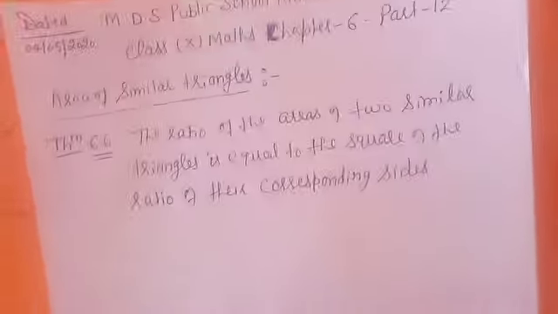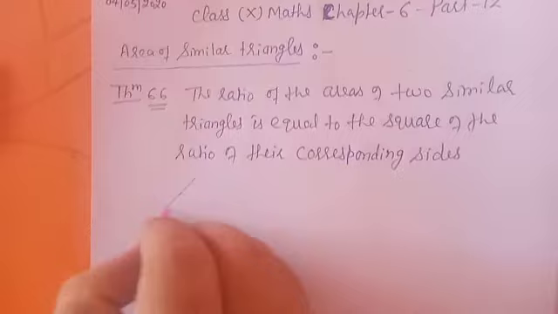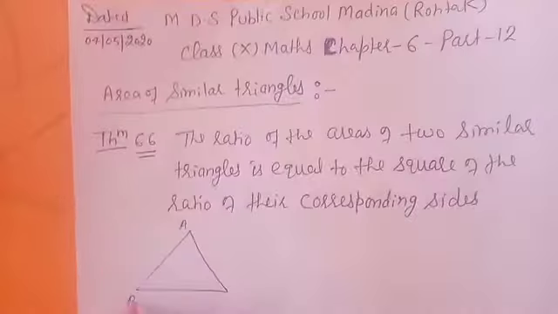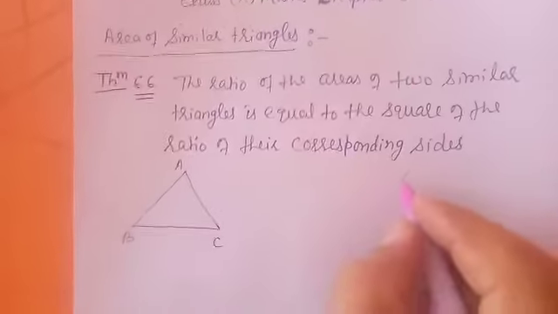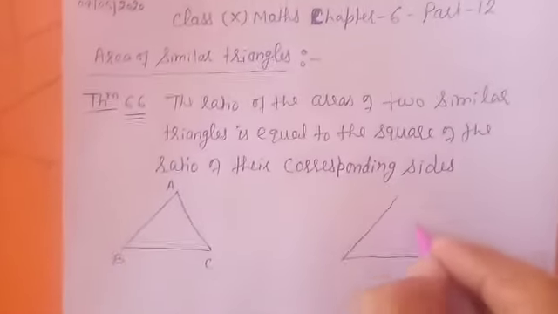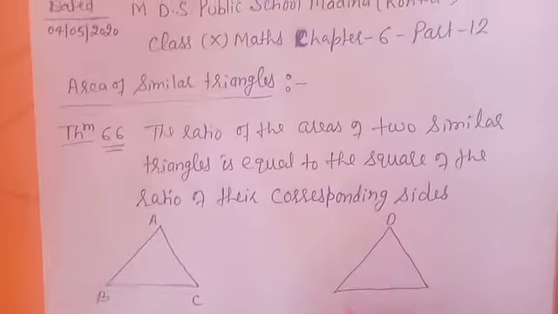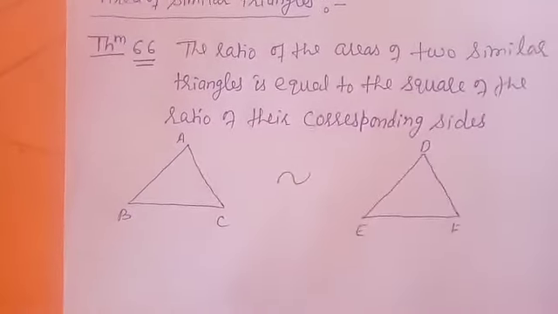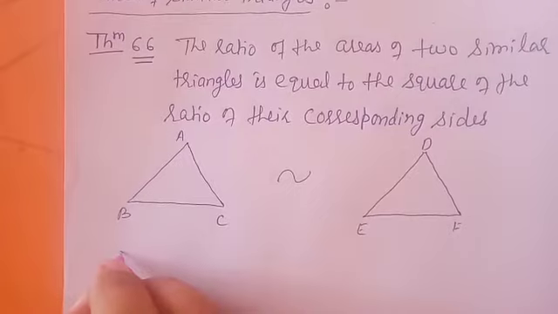What's its meaning? Through an example, I want to tell it like this. This is a triangle. What's its name? ABC. This is another triangle. What's its name? DEF. And both are similar. So what can you say?